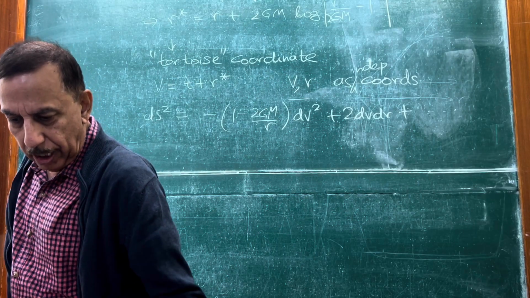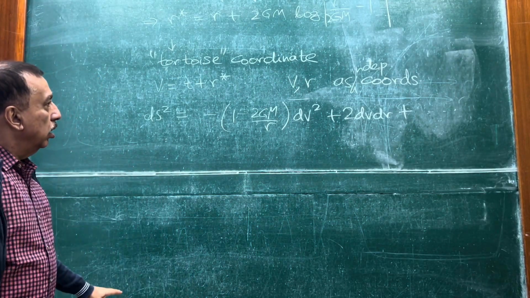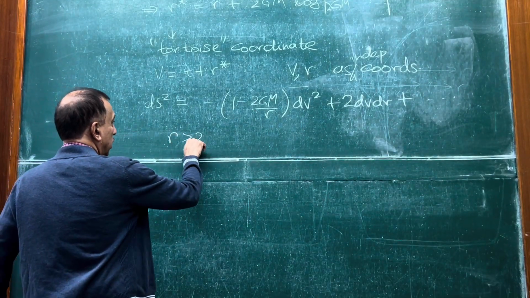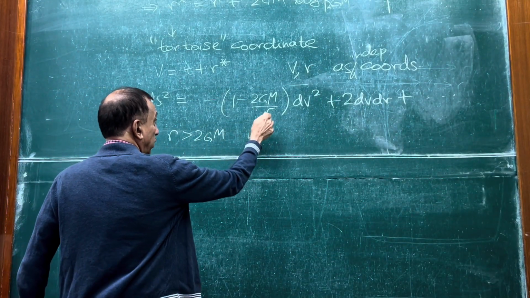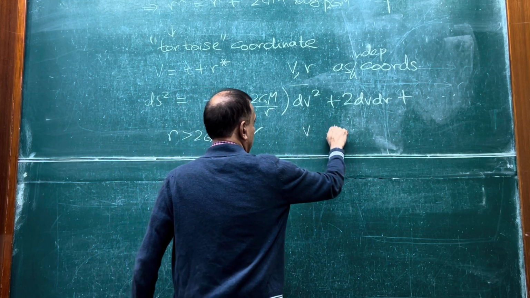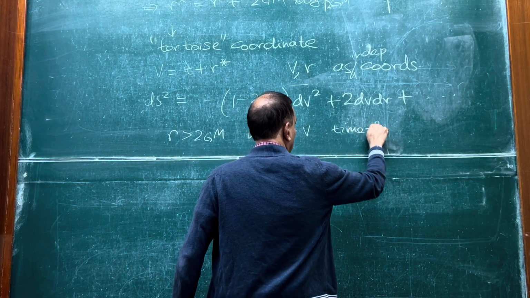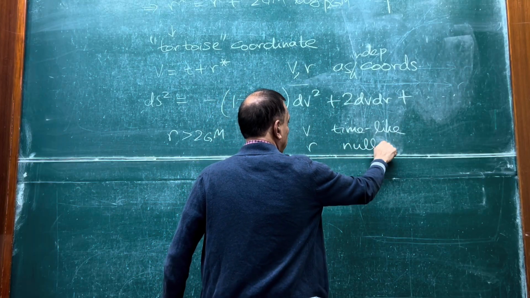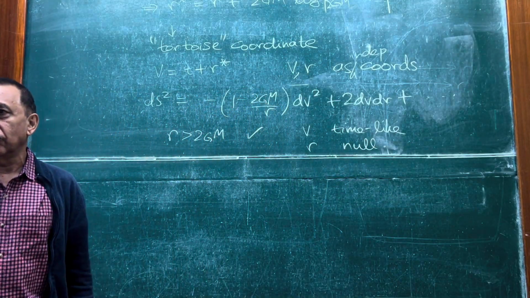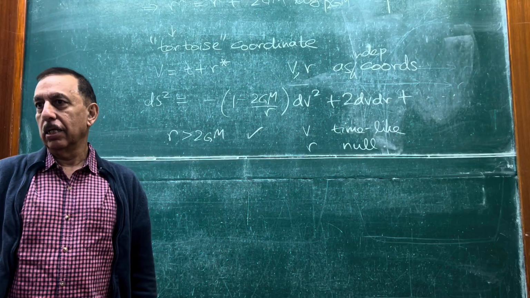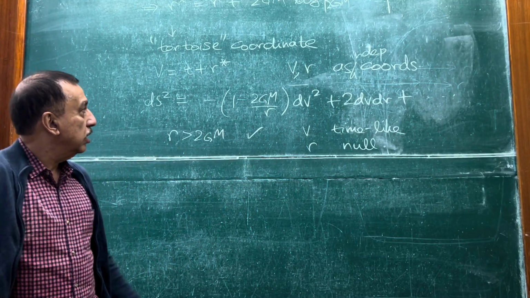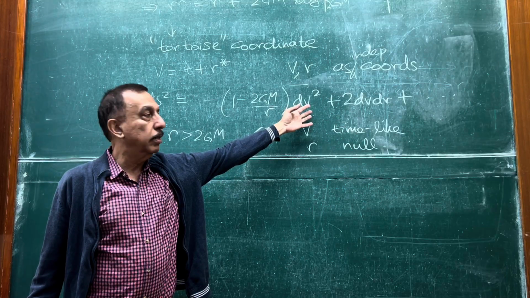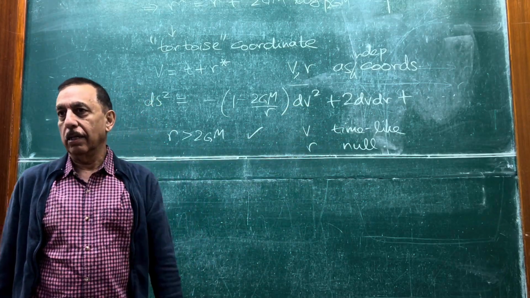So the good thing is that for r greater than 2GM, this metric is well defined, and v is time-like while r is null. This is exactly what I already showed you in the case of Minkowski, because Minkowski is nothing but the infinite r behavior of this metric, and in that limit, v is time-like and r is null.